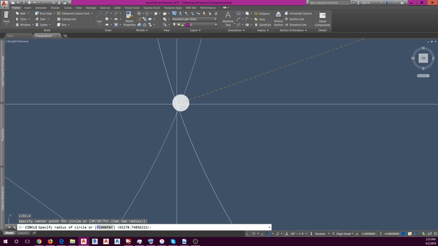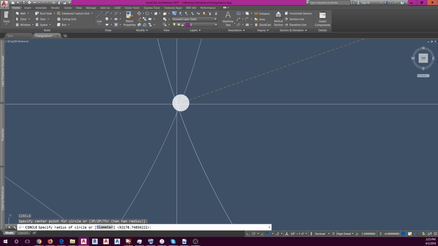So what I do is, let's make these cyan. And let's make the triangle, I'm being picky, let's make the triangle blue.